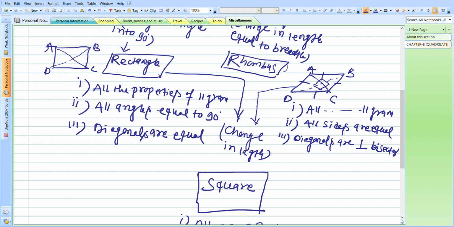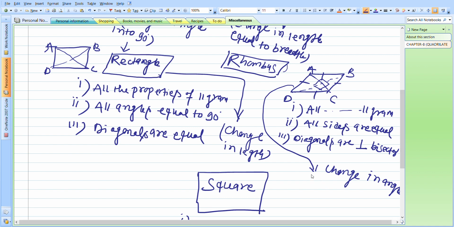When you change an angle into 90 degrees, again it becomes a square.